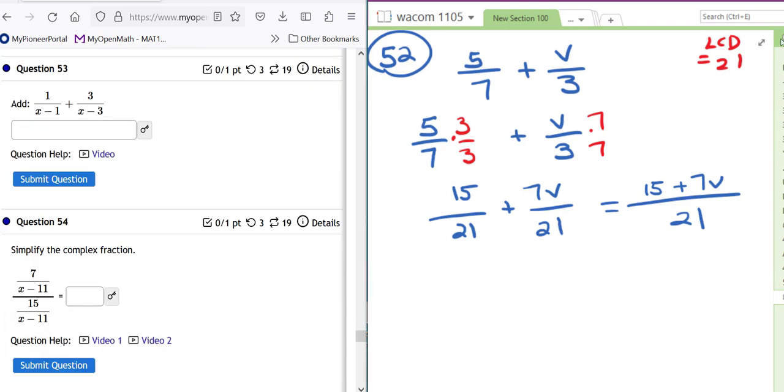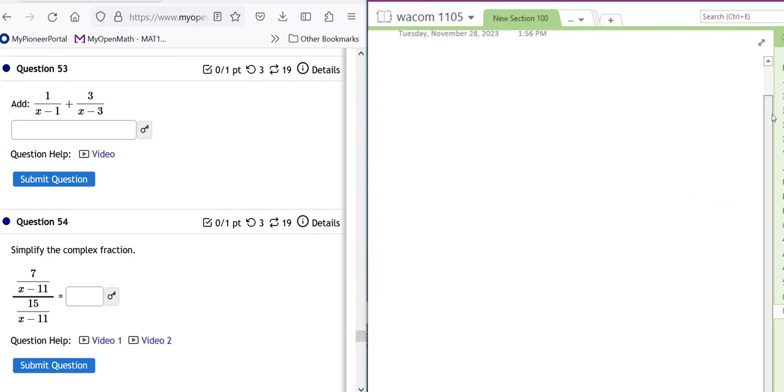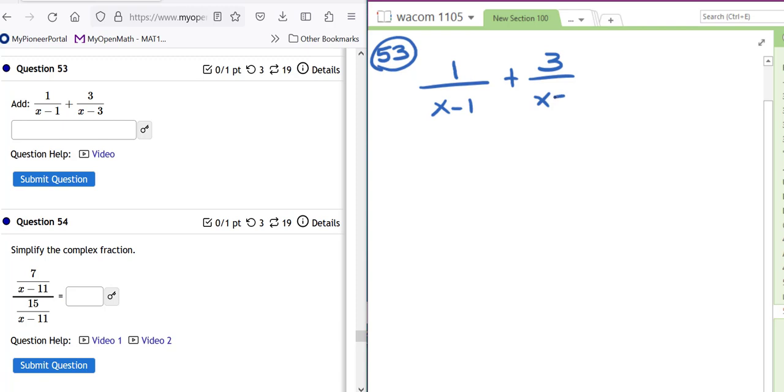All right, we'll go ahead and do the next one, 53. All right, for your common denominator, you're going to have both of those because they're totally different. Once they have a sign in, you have to keep the whole thing together.